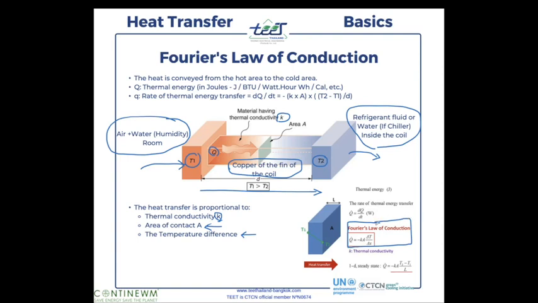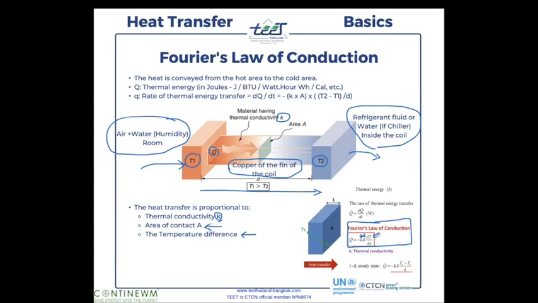So this says that the thermal energy, the heat transfer, is proportional to the factor K, the thermal conductivity, the contact area, A, the temperature difference. So the higher these numbers are, the faster you transfer the heat.